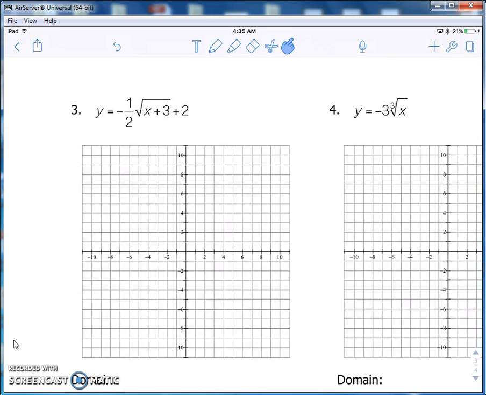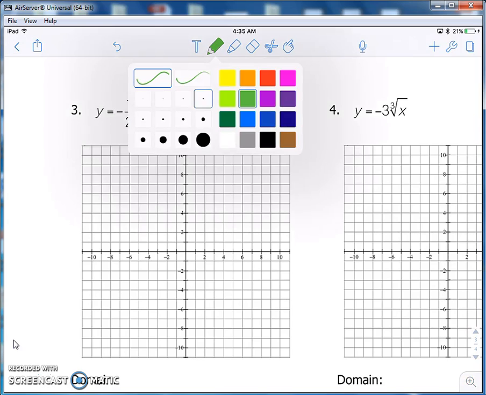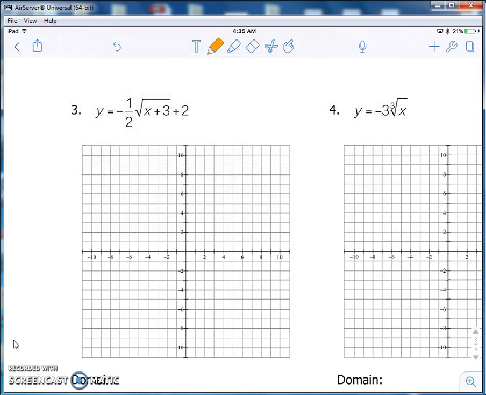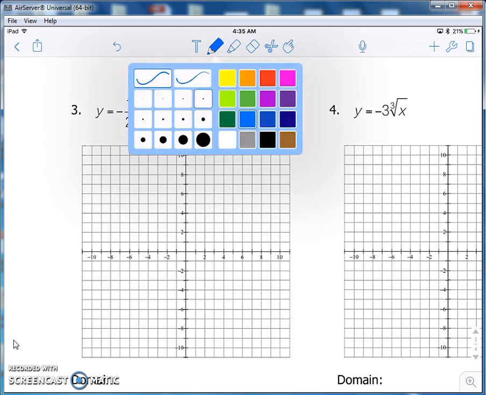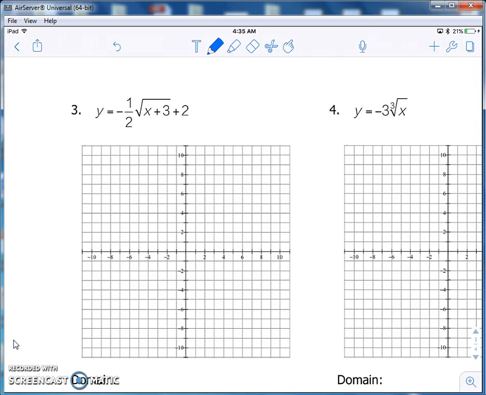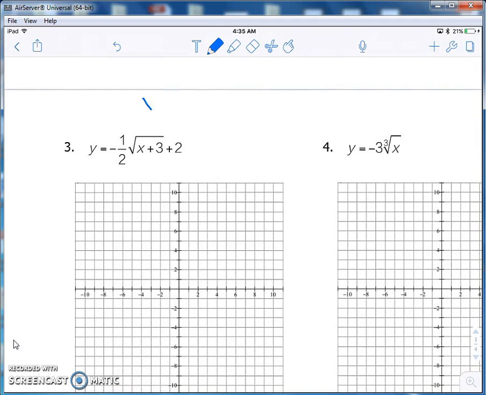All right, let's keep trying. Let's go ahead and look at number 3. If you need to pause and rewind, please do that now. Let's go with blue. So here, my h, k: remember h is the opposite.